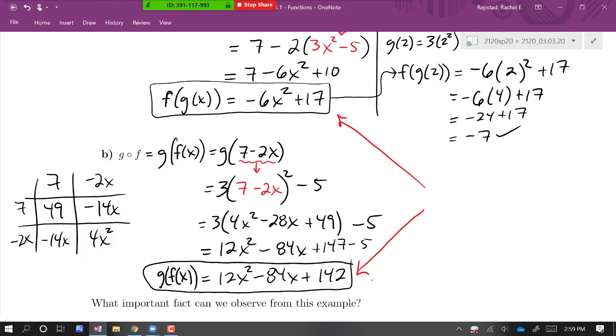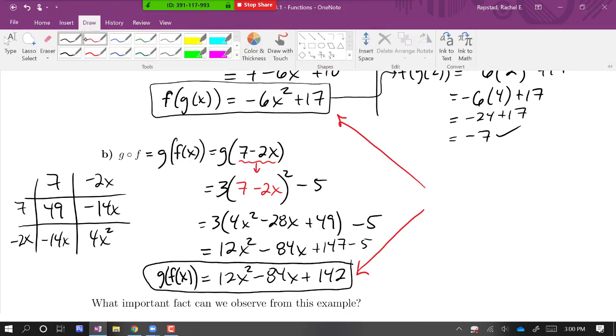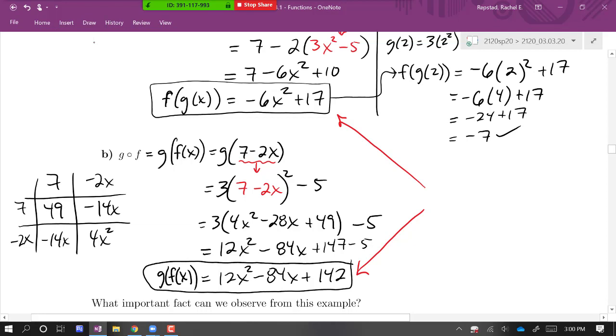G of f is what? Yep, for some values. I'm looking at something like a more general observation. So you said that g of f seems bigger.